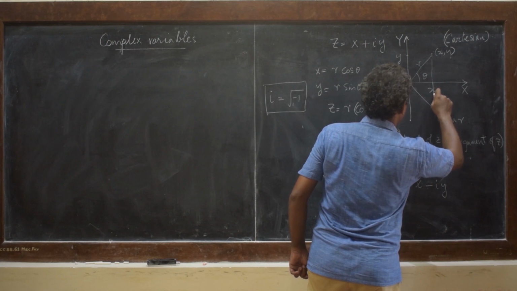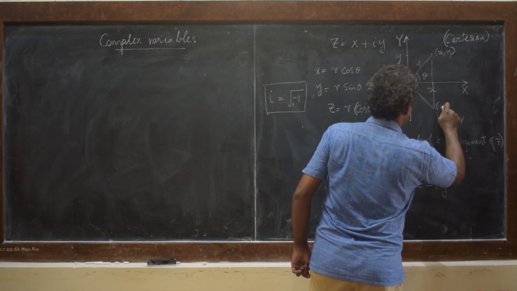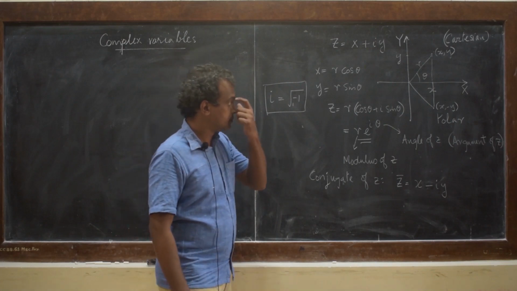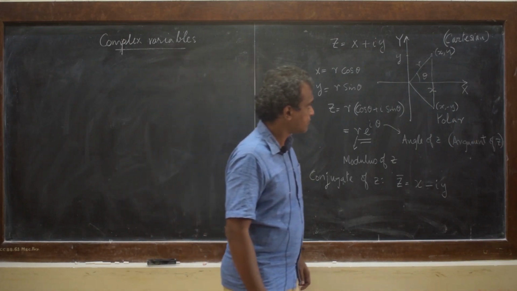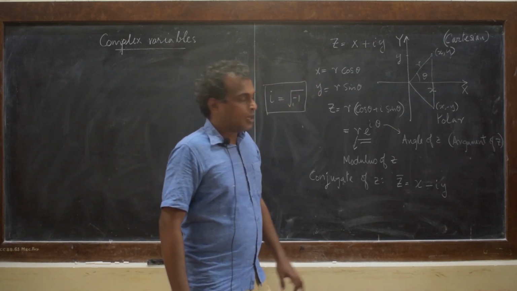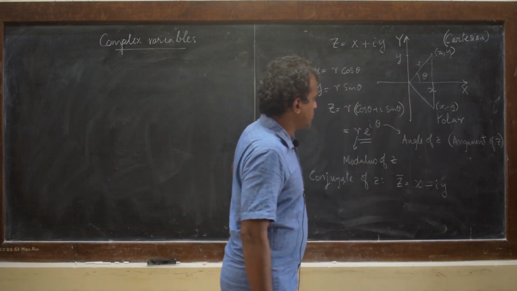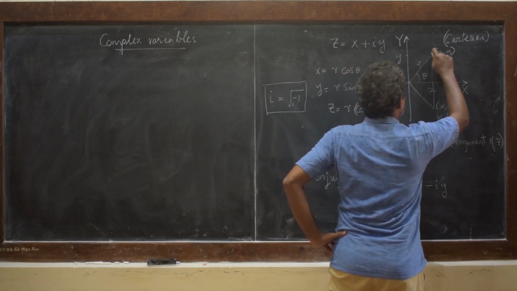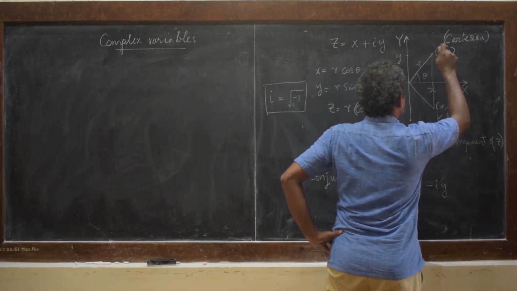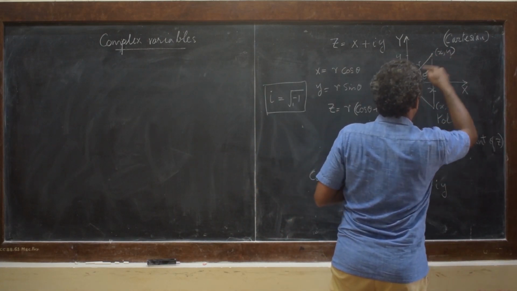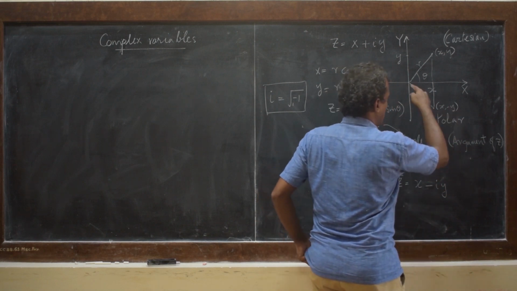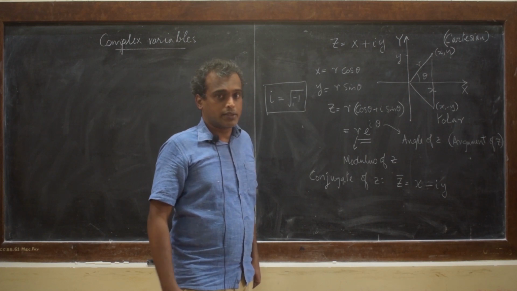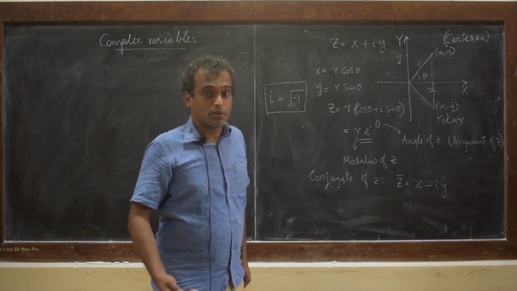It is that point, x comma minus y. Now, if we look at these two points, or the two lines joining the point x y to 0 and the point x minus y to 0, it is clear that they together provide a convenient coordinate system.